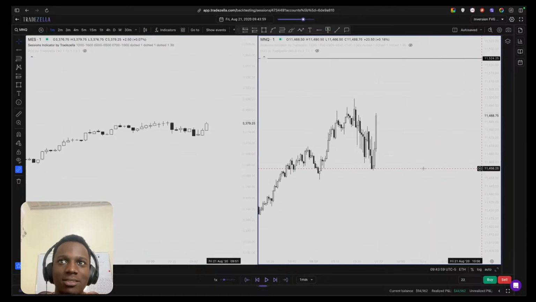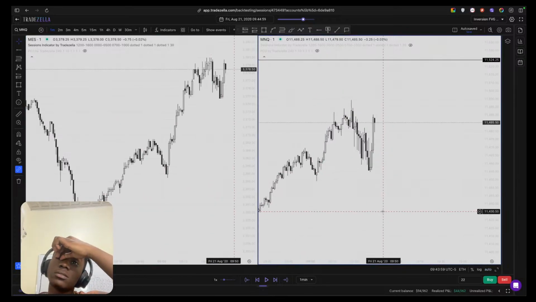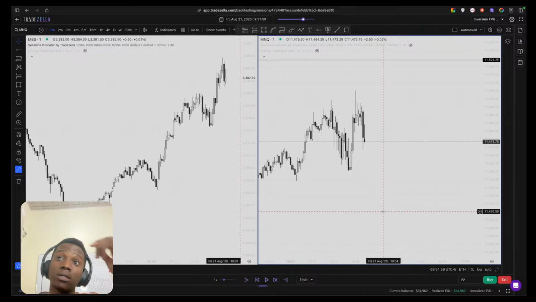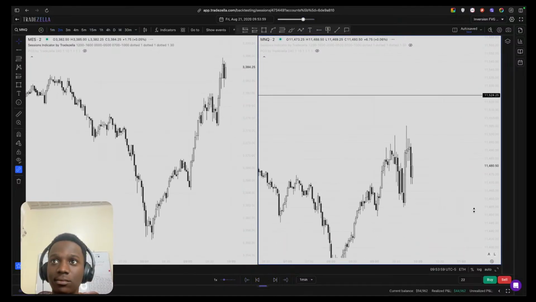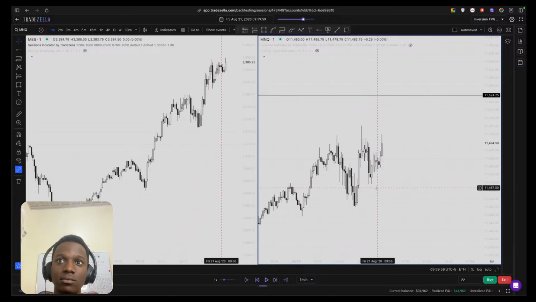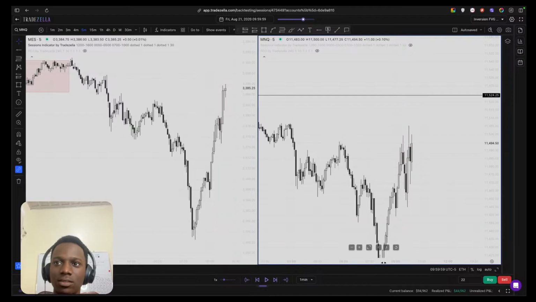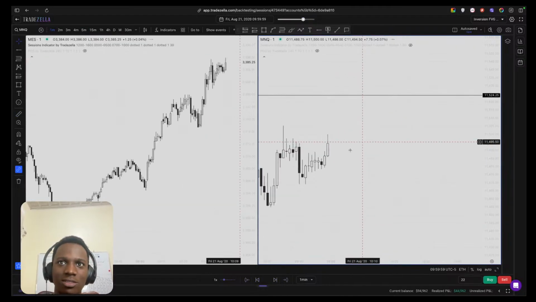No first presented fair value gap or anything like that. You got a retracement into a small 5-minute here, but this is like a 1-point gap, so it's not that relevant.